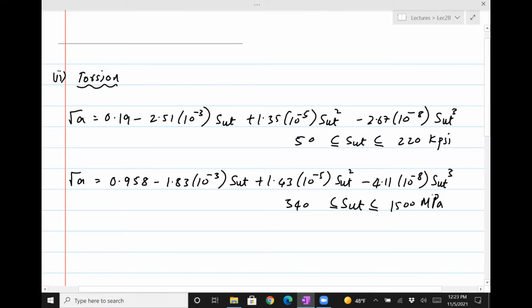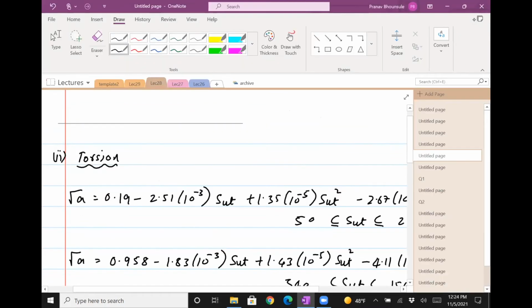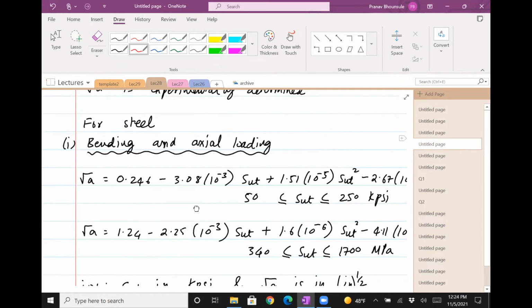Again, the same units are true. You use kpsi for S_ut in IPS and MPa for S_ut in SI, and the units of square root of a will be either inch or millimeter to the half, depending on the units. So let's put a few numbers on the equations which we'll be using.